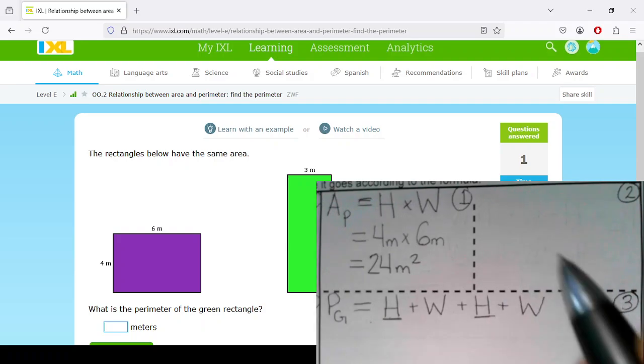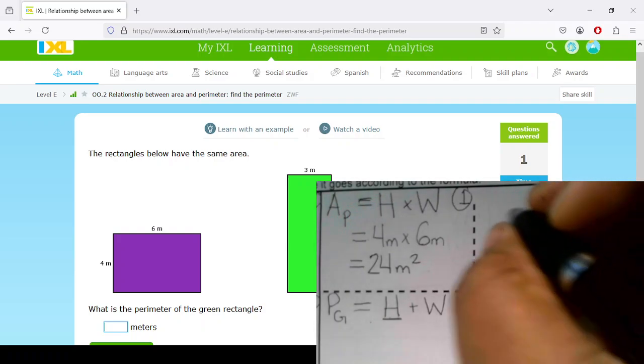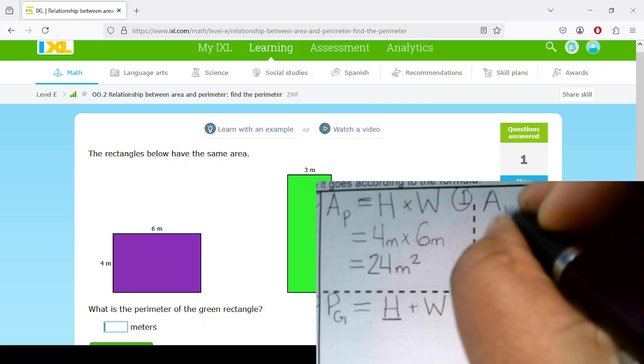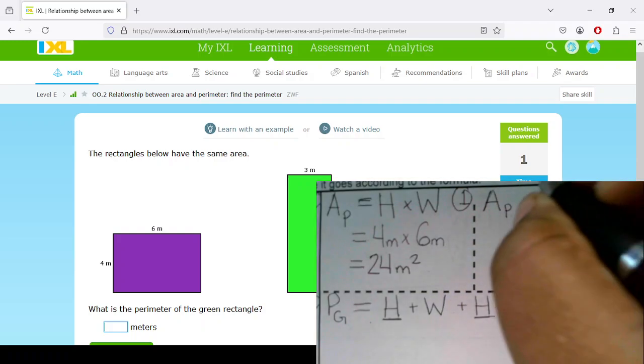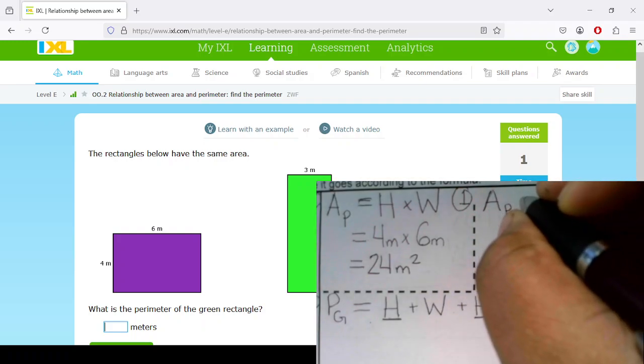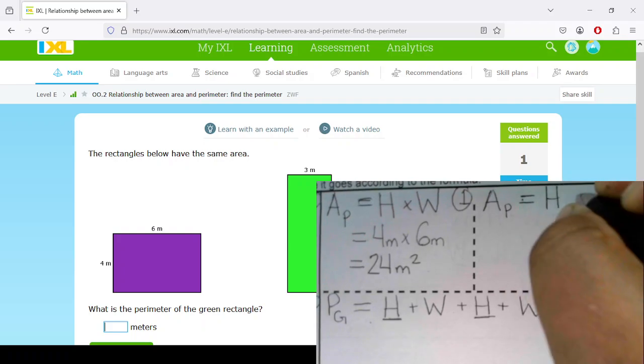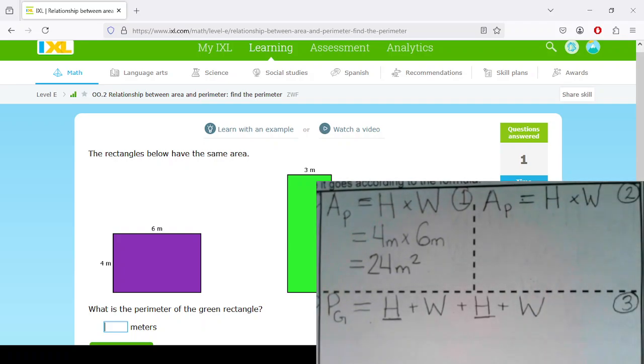Now I'm going to find the information that I need. The area of the green rectangle is calculated by the height dimension multiplied by the width dimension.